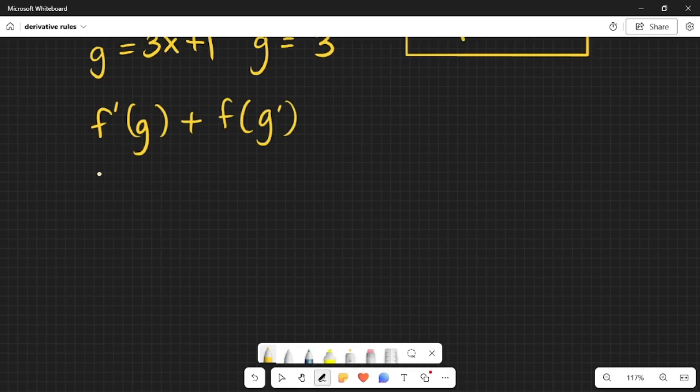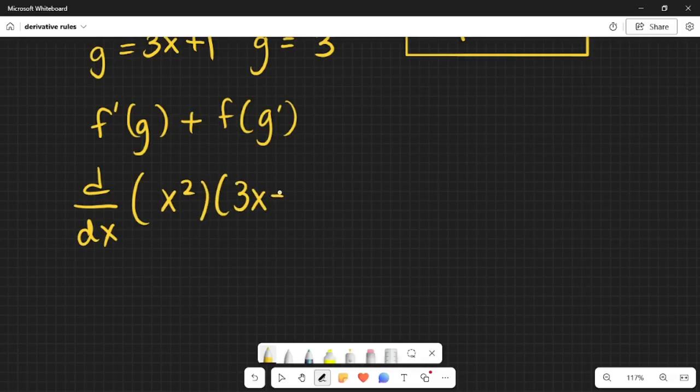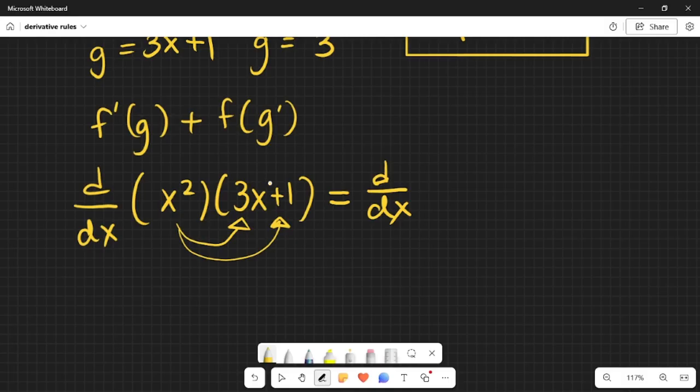Alternatively, you can also solve this using the power rule. We're going to have x squared multiplied by 3x plus 1. You don't have to use the product rule here. What we can do is multiply x squared with the two terms. So this would be 3x cubed plus x squared. All you have to do here is use the sum and difference rule and the power rule.